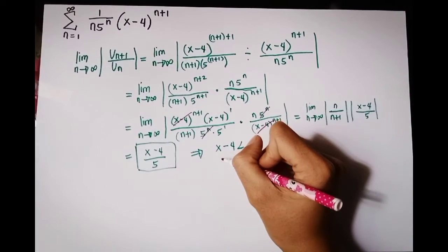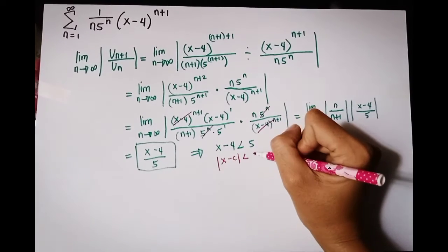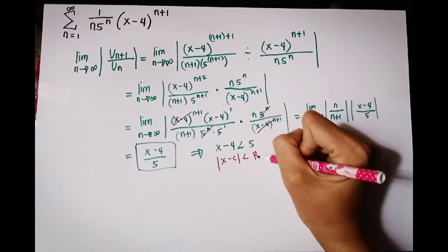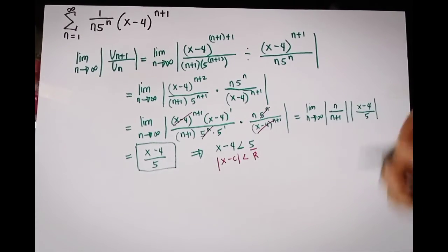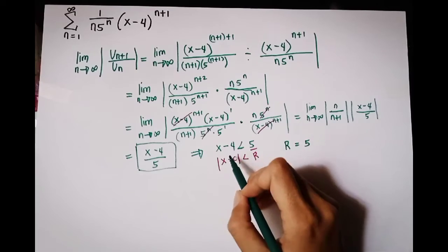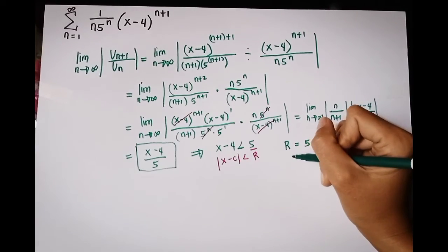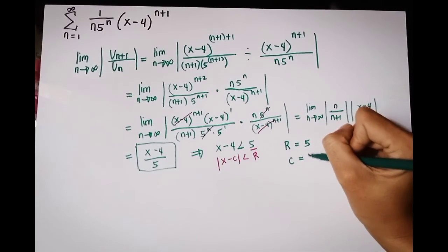From the second case, we have the absolute value of x minus c less than r. So our value of radius here is equal to 5, and this series is centered at 4.